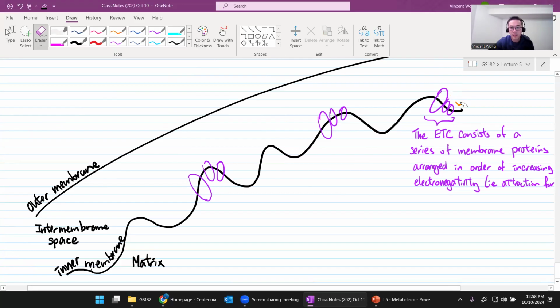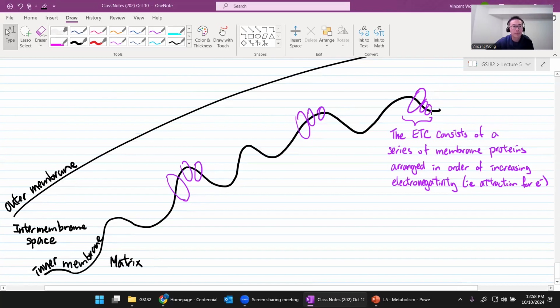Okay. So that's a key thing to remember. Does anybody have any question? Okay. So it's like a game of hot potato, right? You take the electron, you pass it on to the next one, and then the next one passes it on to the next one, so on and so forth, until you get to the very end of the ETC.